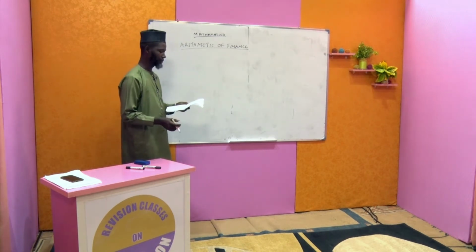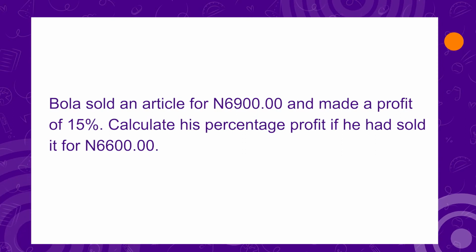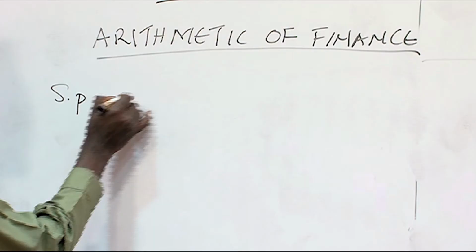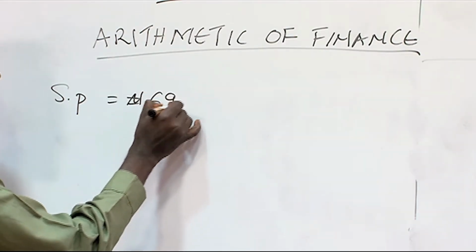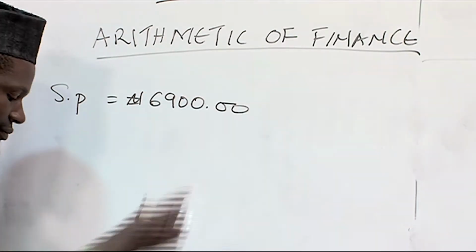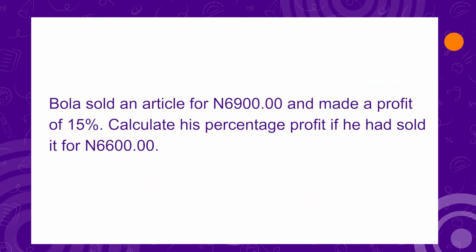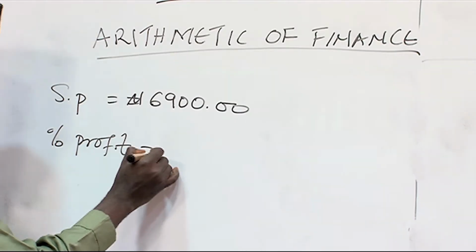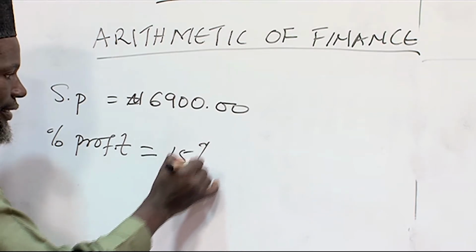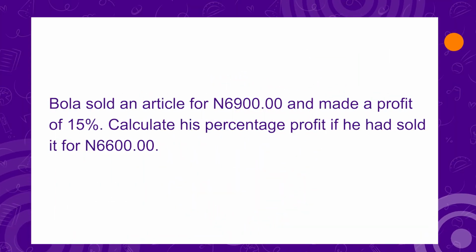The question reads: Bola sold an article for 6,900 naira, that is selling price is equal to 6,900 naira, and made a profit of 15%, that is percentage profit is equal to 15%. The question now is, calculate his percentage profit if he had sold it for 6,600.